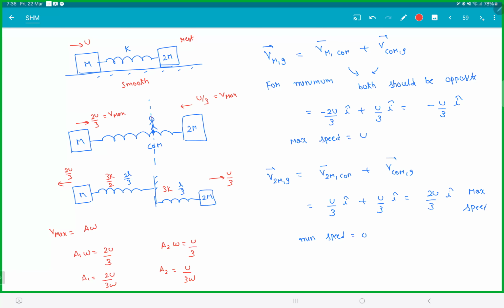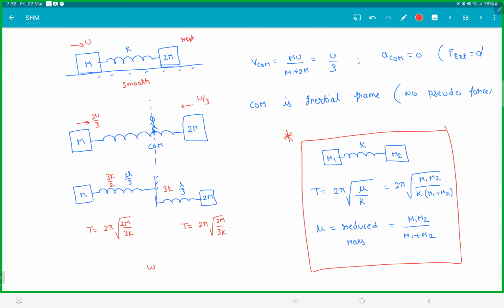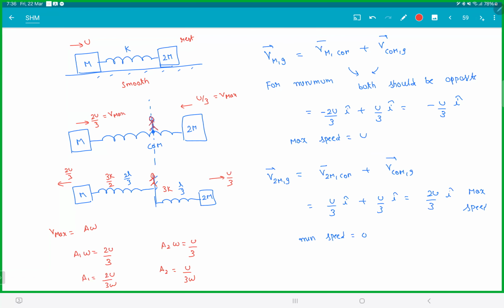Center of mass will think the maximum speed of the blocks is this 2u by 3 and u by 3. And V max is A omega. Omega is simply this thing. Omega is 1 by 2 pi root over 3k by 2. That is one way to do. Or you can find the maximum compression and you can say the masses will divide in the opposite ratio of the masses. That also will work.